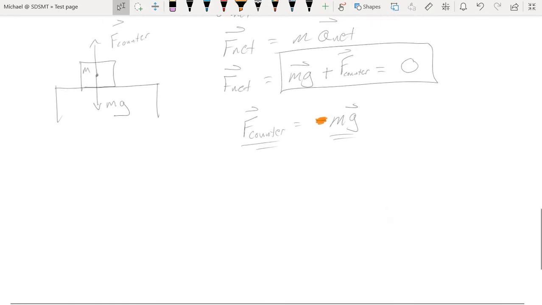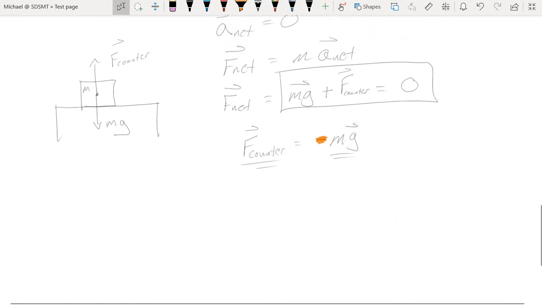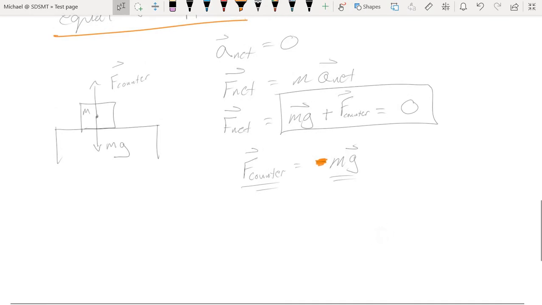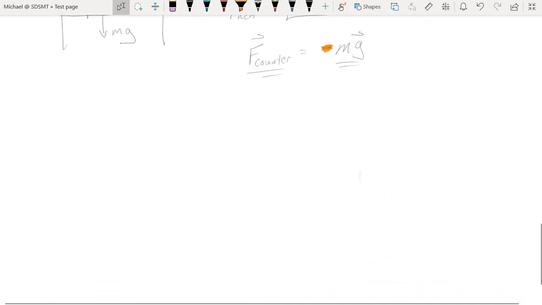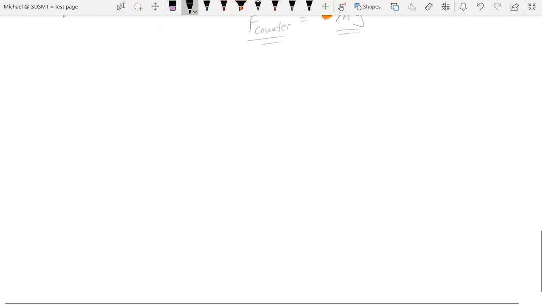Okay, well, now that we have this idea of force and counterforce, we want to start putting together a list of very specific types of forces that we are going to encounter time and time again.